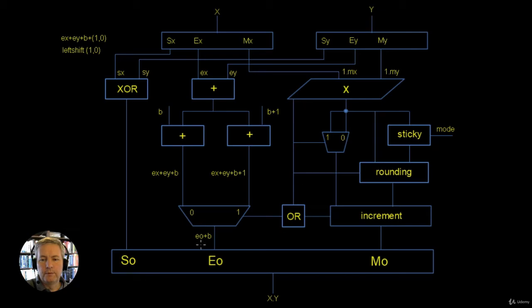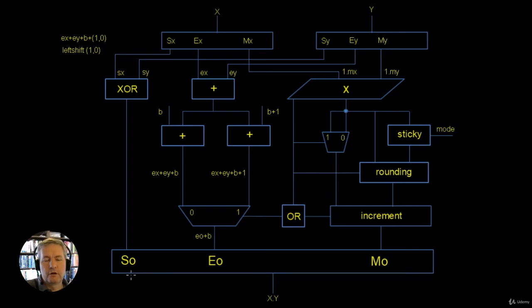So the final output here is E out, so I've just got small e out, so that's going to be our ex plus ey plus the value of 1 or 0 and plus the value of b. So this e out plus b is in effect the final biased exponent, which I've written down here as big E naught, so it's the 8-bit output that we're looking for.